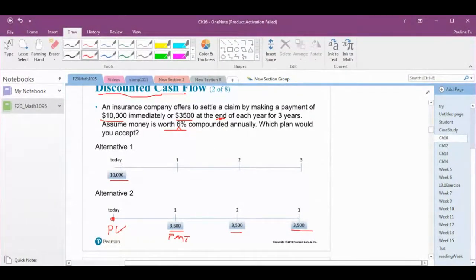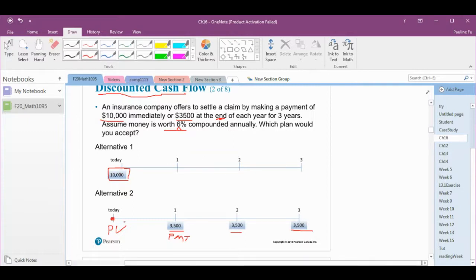Okay, so for alternative 2, after we calculate the present value of the annuity, we compare this present value with alternative 1. Alternative 1, 10,000, is the present value today. Okay, and then we follow the bigger benefit. We prefer the bigger benefit. Which one is bigger? That one is our decision. Okay.